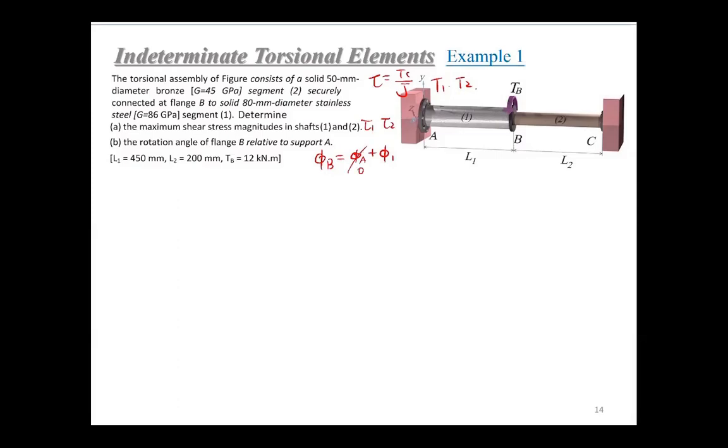So just phi B equals phi 1. And what is phi 1? Phi 1 is T1 L1 over G1 J1. Again, you just need to determine T1. So for both of these problems, you have to determine the internal torques T1 and T2. So how to do that?